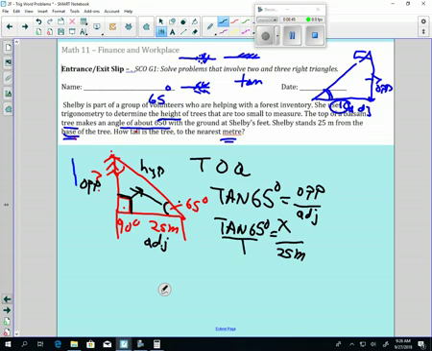Remember, any whole number can be put over 1. Doesn't change it. So now I have a proportional statement, and I can solve it by cross multiplying it. 1 times x, 1x, right? Equals tan 65 times 25.